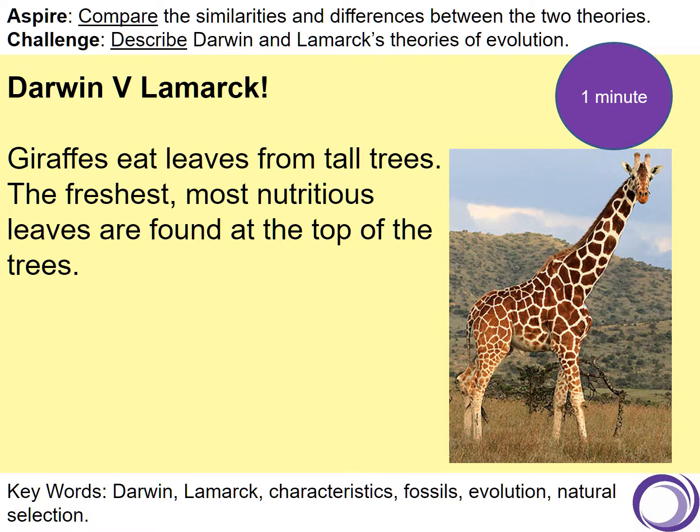Whereas Lamarck would say that because the giraffes are using their neck muscles to reach up for the trees, the offspring would be born with stronger, longer neck muscles because they've used it regularly as a habit. Okay, let's try the next one.